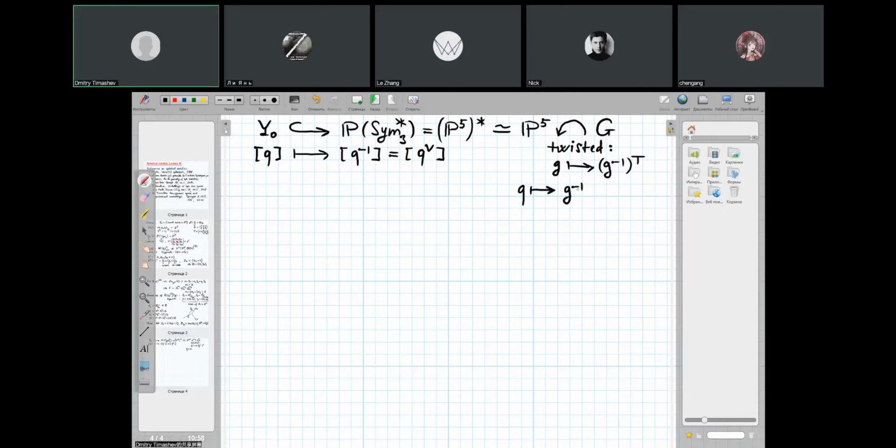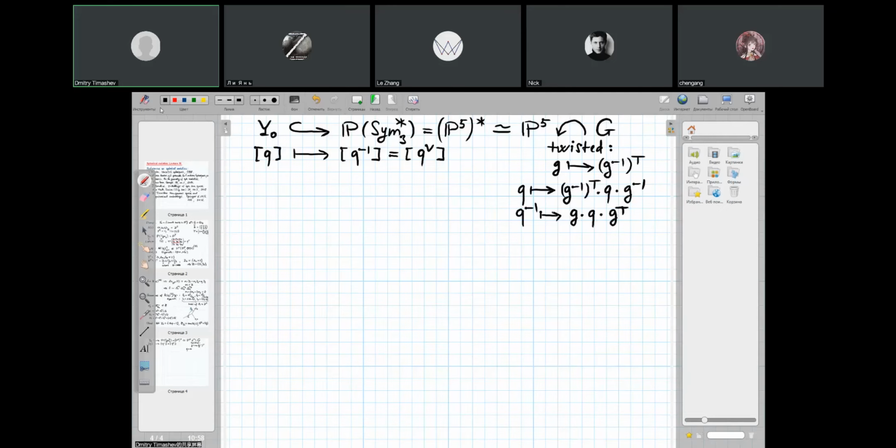to G inverse transpose times Q times G inverse. This is the action by linear change of variables, by linear transform of projective coordinates on the projective plane. So the matrix of the quadratic form is transformed in this way. And if Q is transformed in this way, then Q inverse, which is again a symmetric matrix 3x3, will be transformed in this way: G times Q times G transpose.